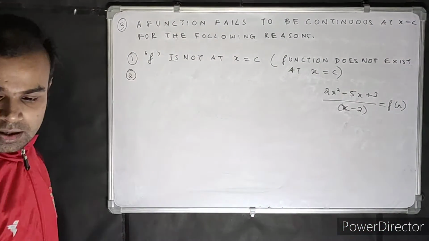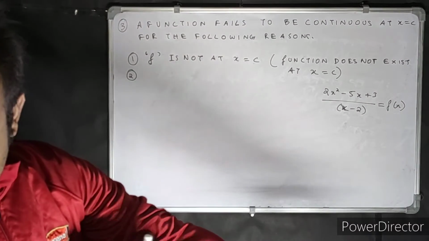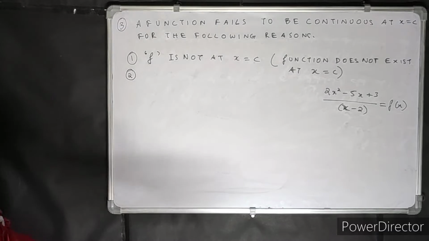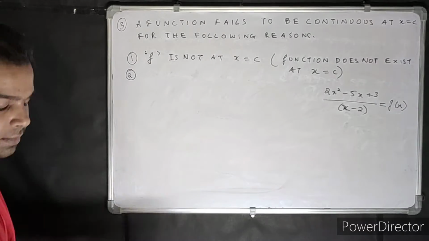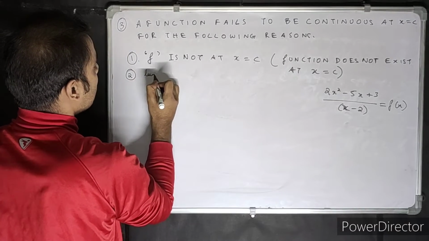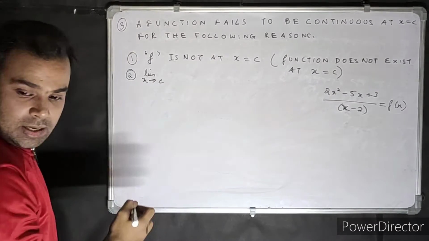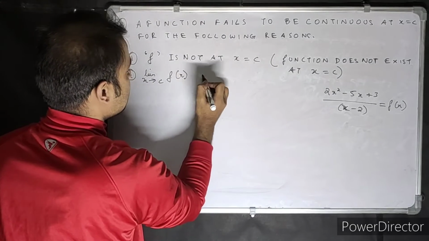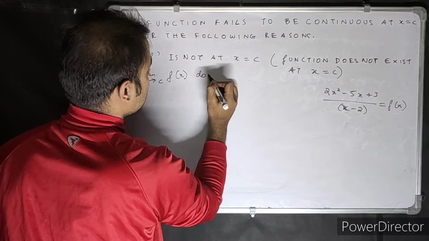What is the second reason? The limit of f of x does not exist. Second part has two parts split up. Limit of x tends to c, f of x does not exist.